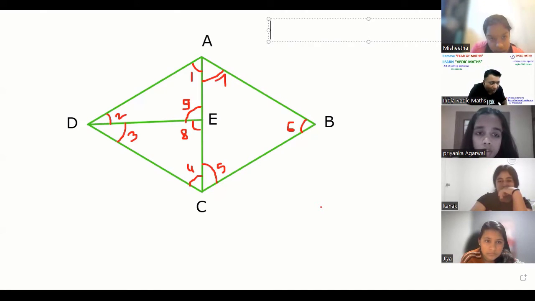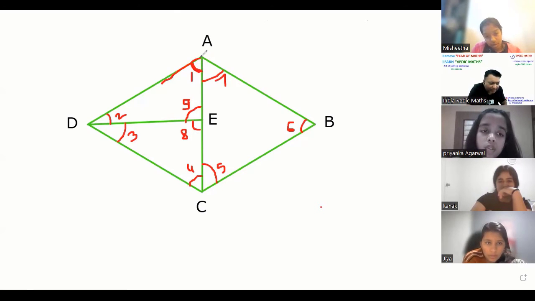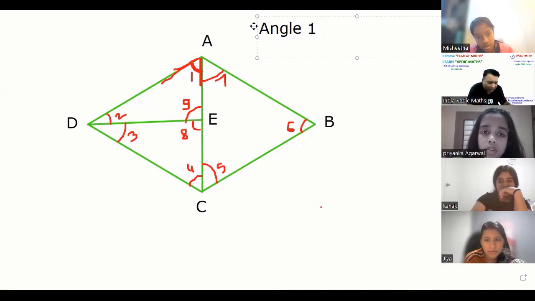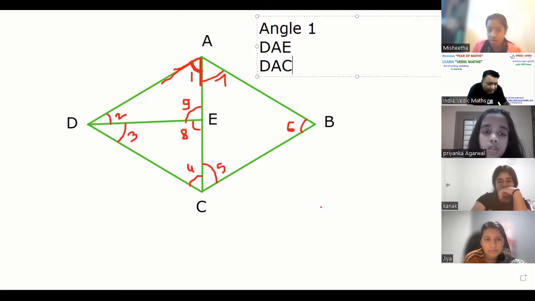See, we are talking about angle 1, this only, right? It is formed from this line and this line, right, Kanak? Angle 1 is formed from only these two lines. So you can say angle 1 either DAE or DAC. That's it. Or EAD or CAD. Correct, Kanak?